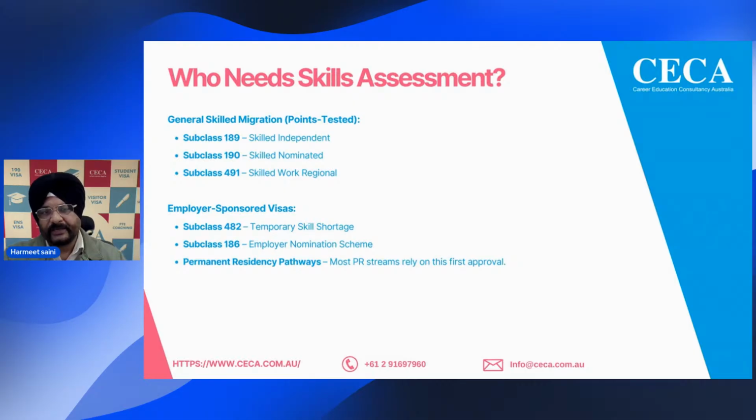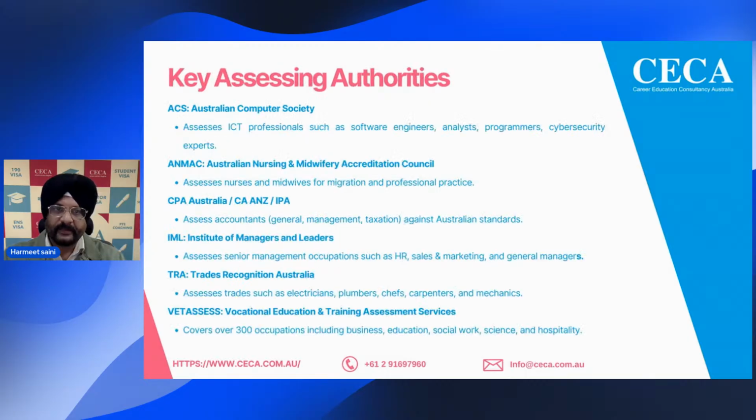These are skilled independent, skilled nominated, and skilled work regional provisional visas respectively. Also, some employer sponsored visas like 482 and 186, especially in the direct entry stream. For Australian permanent residency through these visas, it is a mandatory requirement. You always have to go ahead with the skill assessment.